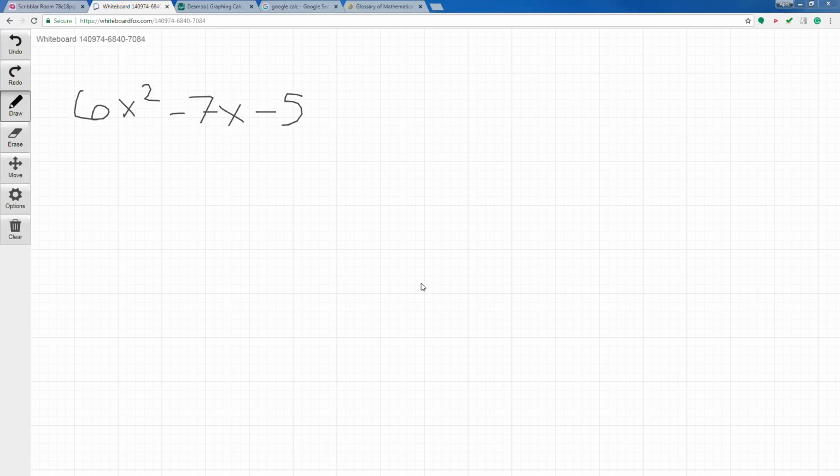Okay, so last type of problem. This one looks the same as the last problem, but is very, very different because of the number in front. The last problem was very straightforward. Find those numbers, you're done. This one, since there's a number in front of the x squared, the process is a lot longer.